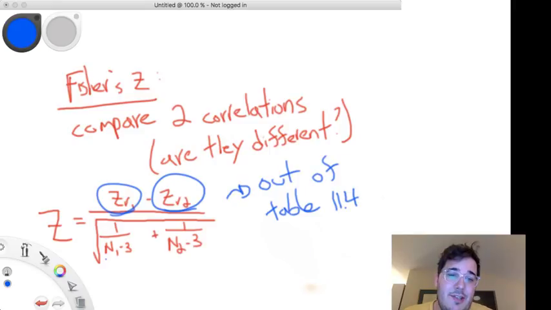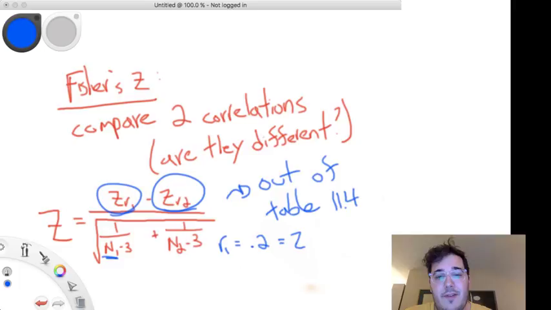And then this is just the number of people you have. So you look these up, because you'll have a Z of R. So for example, if your first correlation, let's say R1 equals 0.2, you go and look up 0.2 in the book, and that equals a Fisher's Z for R1 of 0.203.